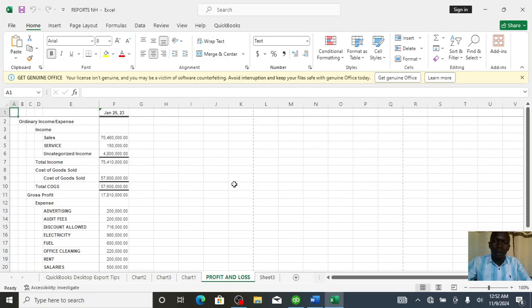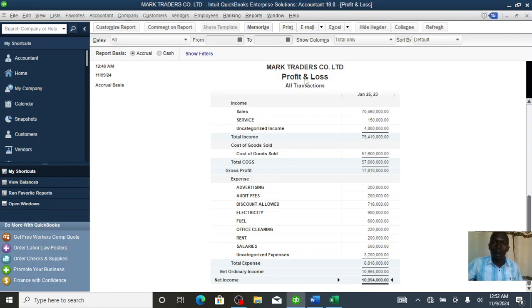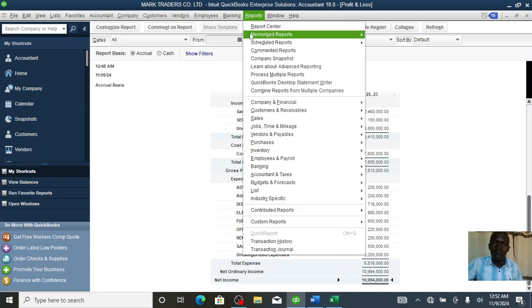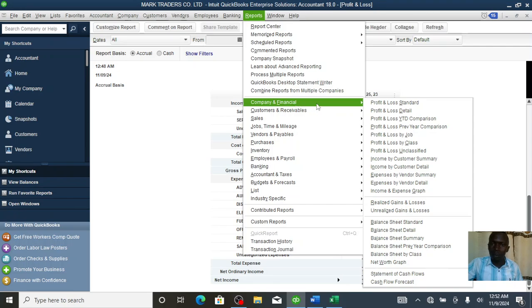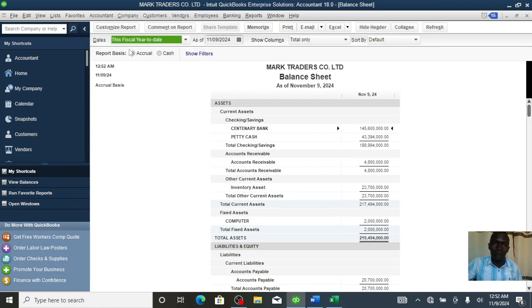Yes, we go back to QuickBooks, then we go back to reports, balance sheet standard, go to Excel, we create new.